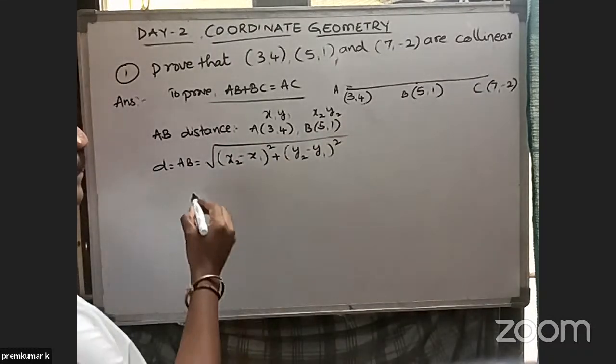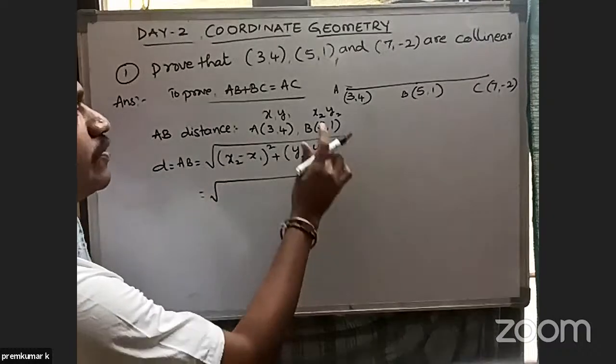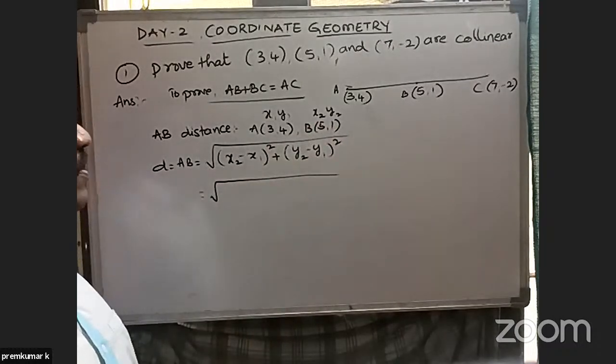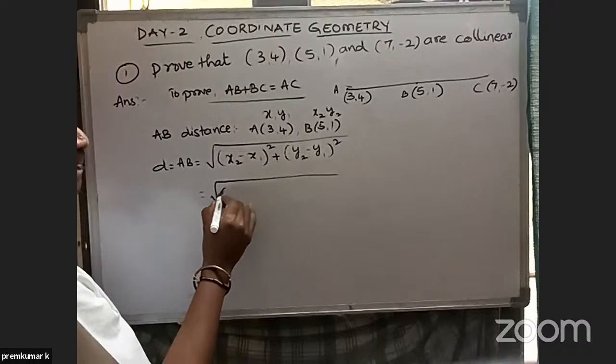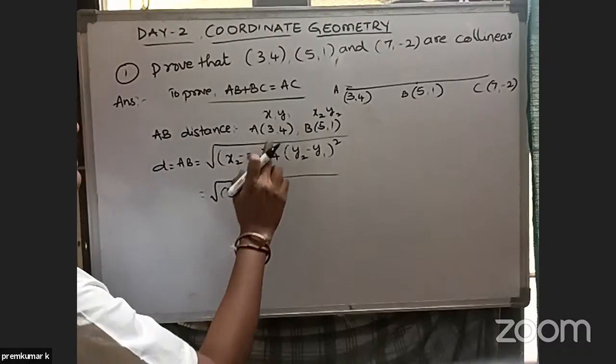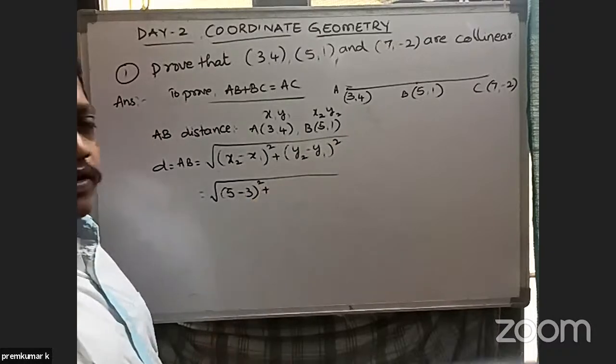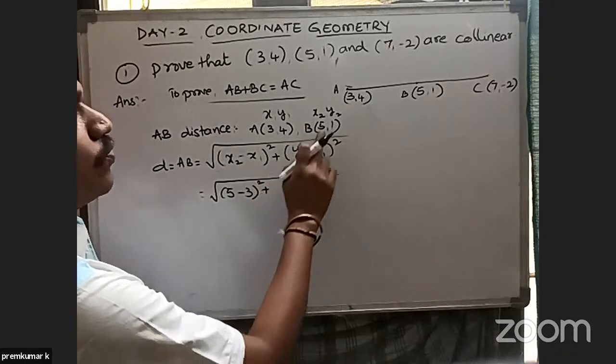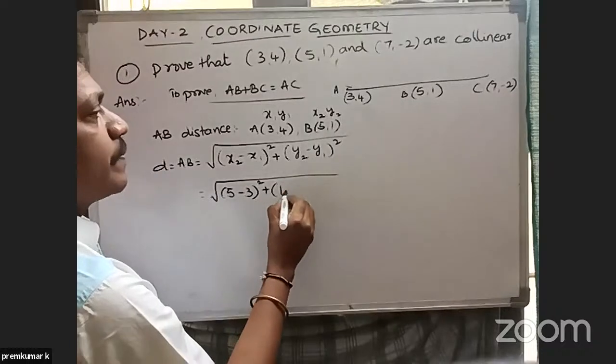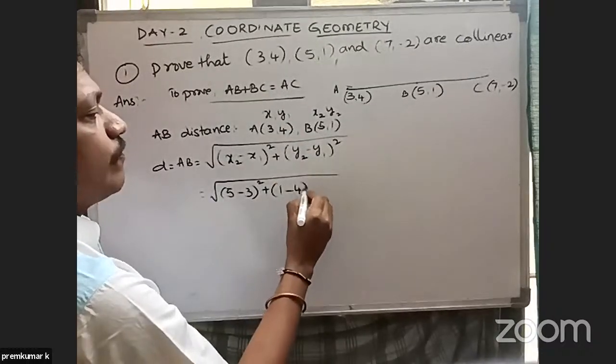Now observe, substitute these values in this formula. What is x2 here? 5 minus x1, which is 3. In the same way y2, 1 minus 4.